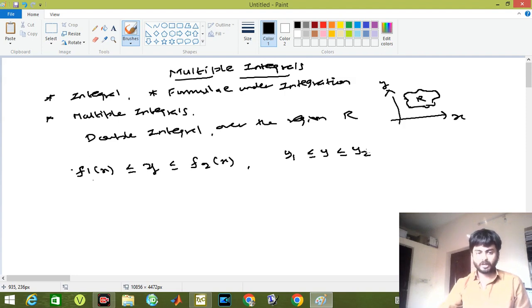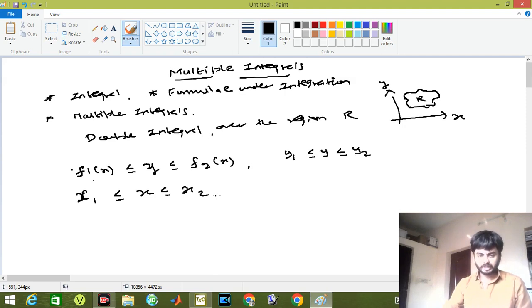In the same way, if I am able to write x as a function of y, then I can write it as x1 less than or equal to x less than or equal to x2. In any way we can write.